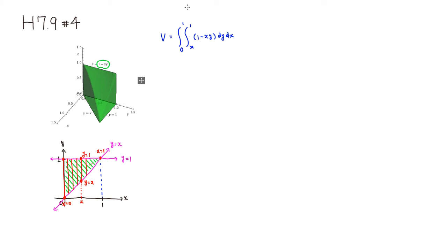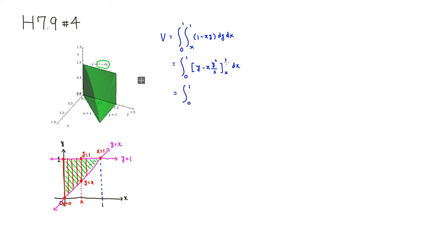So let's evaluate this. Leave the outer integral alone. The antiderivative of 1 with respect to y would be y. Negative x is just going to be a number, and the antiderivative of y is y squared over 2. You are going from x to 1, and we'll do it with respect to x later. Integral from 0 to 1.